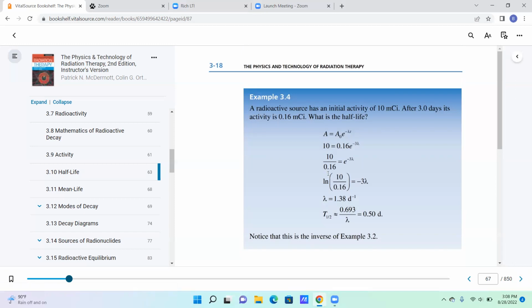So a radioactive source has an initial activity of 10 millicuries. After 3 days, its activity is 0.16 millicurie. What is the half-life? We know this is the activity initially. We know that after 3 days, it is equal to this.